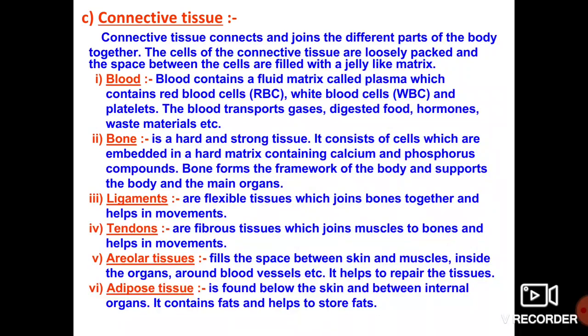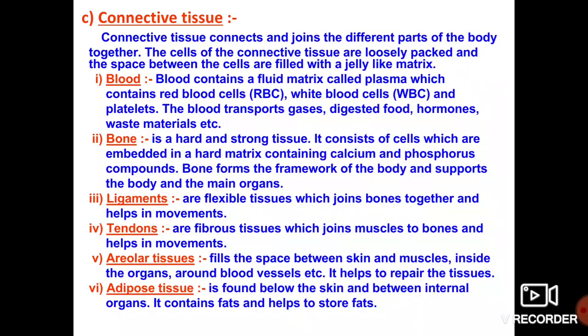They play a major role in giving the immune system to our body. Yes, white blood cells play a major role in fighting against diseases. So they provide immunity to our body.